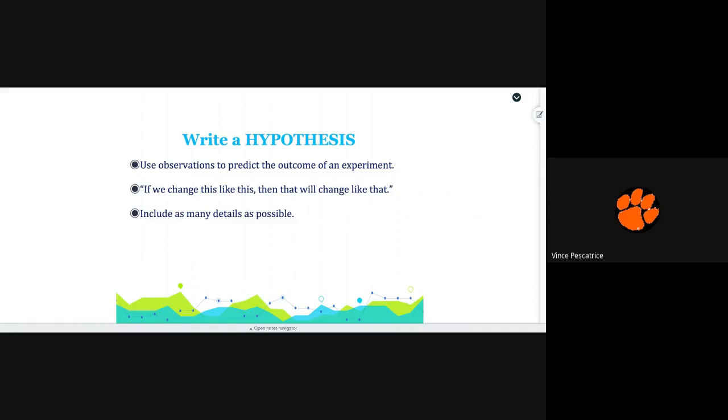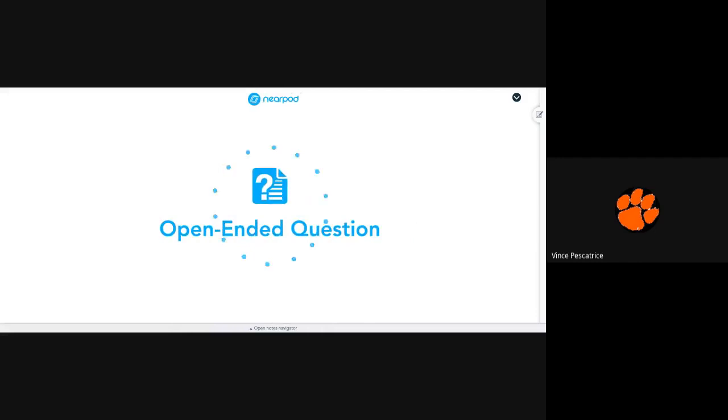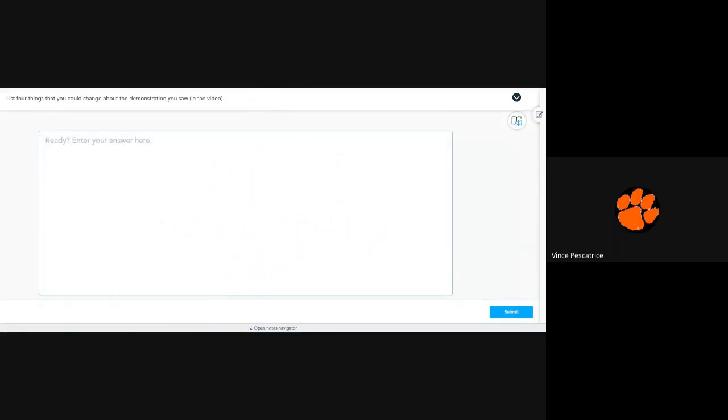Include lots of details. I'm going to give you guys like 2 to 3 minutes on this one because it requires some thinking. Don't skimp out on this. Give this some effort. So in the video, list 4 things that you could change about the demonstration you saw. So look at the demonstration. You saw a pan of liquid, you saw a bottle, you saw a candle, you saw a cork.